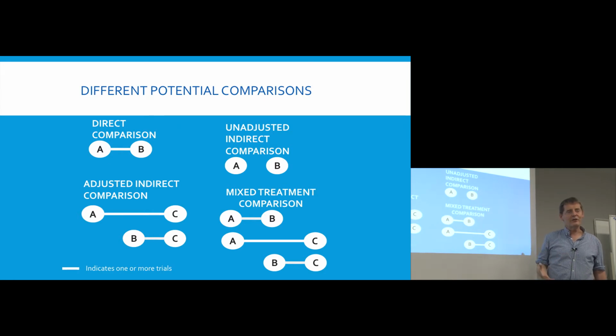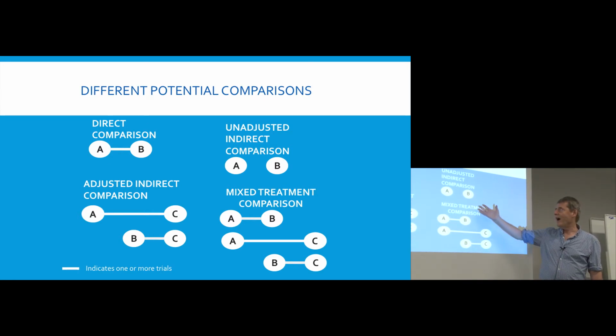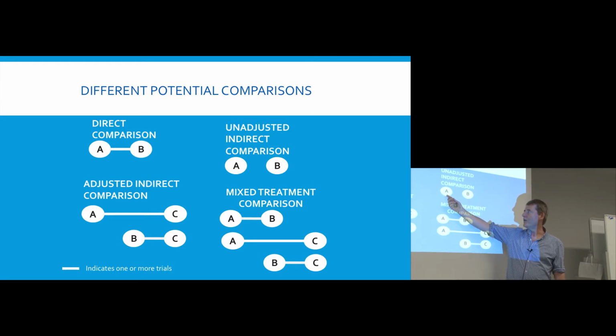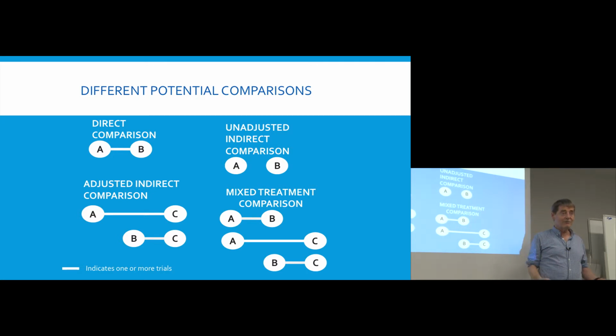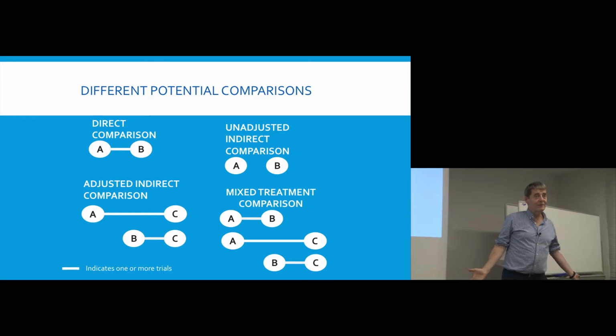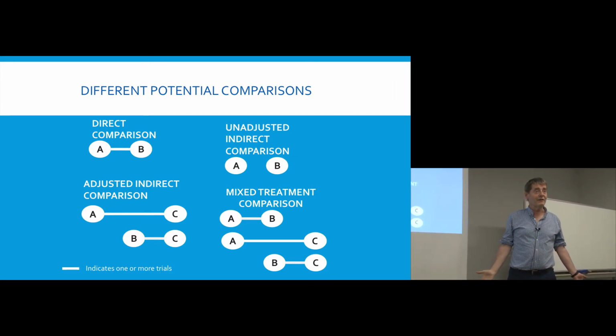Now, I'm sure you can appreciate immediately how suspect this could be, how vulnerable to bias. Because suppose drug A cures 50% of the patients in its single-arm trial, and drug B cures 40%. Can we therefore conclude A is better than B? Well, no, because the patients might be completely different.